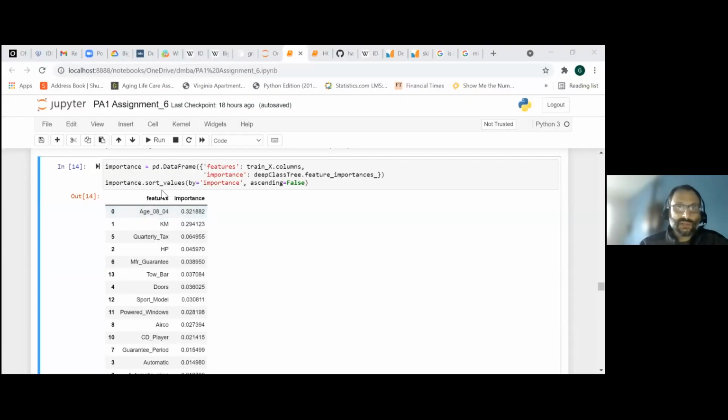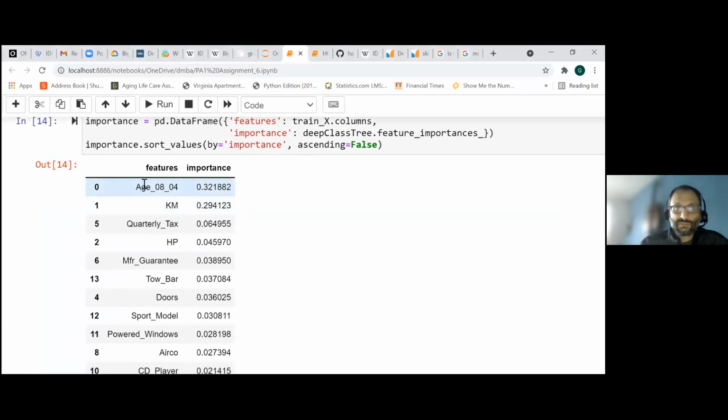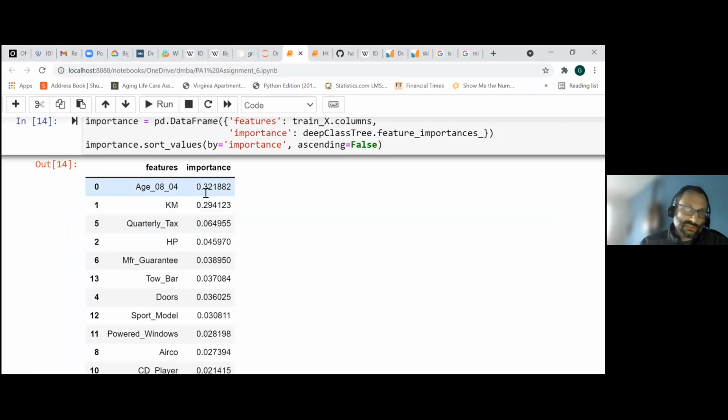That was the problem. But yeah, here's just an example. I think you can see what Ted was talking about. Maybe it's small, make it larger, but this was for some car data. And the age, no surprise, and the mileage or kilometerage were the most important features.